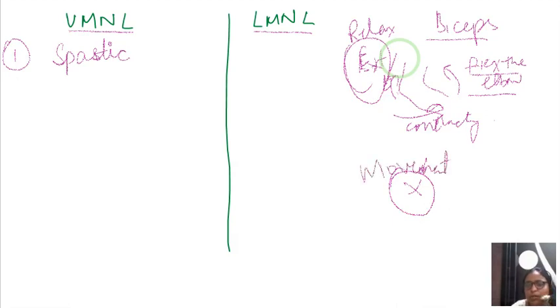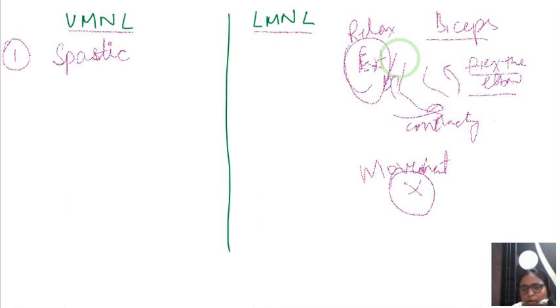For example, if someone is pulling you from this side and another one is opposing you from the other side, is the movement possible? No. The same is with the muscle. If I have to flex my elbow, my biceps has to contract and my triceps has to relax at the same time.